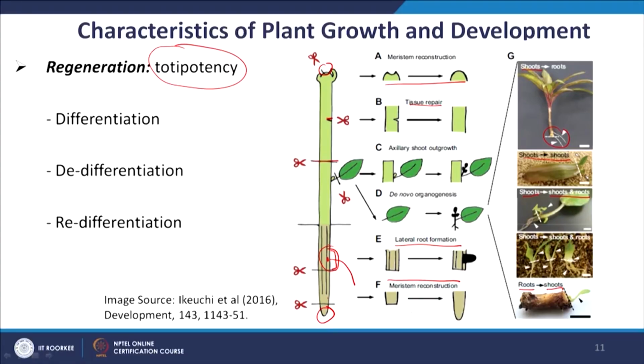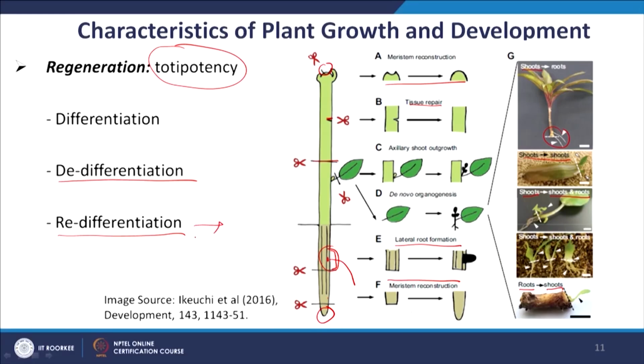At the apex, the meristems are specified as meristem and remain as meristem, undergoing only cell division. But here, fully differentiated cells undergo de-differentiation, through which they lose their existing identity and acquire a new identity, first the meristematic identity, and then they undergo a totally new differentiation program, and now they make a new organ or new tissue.